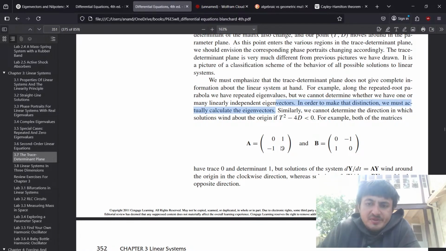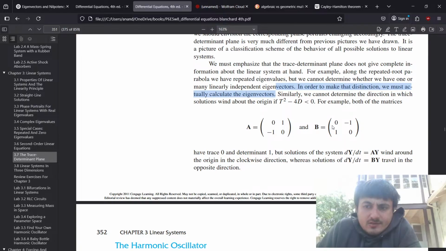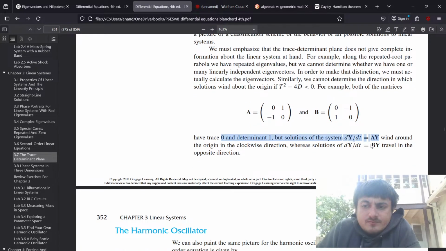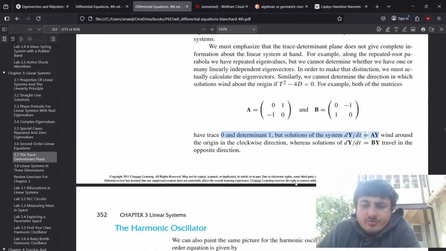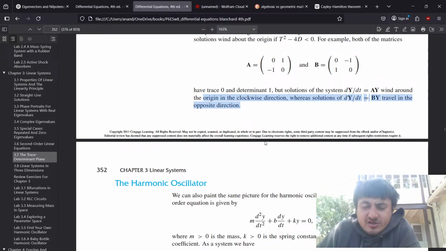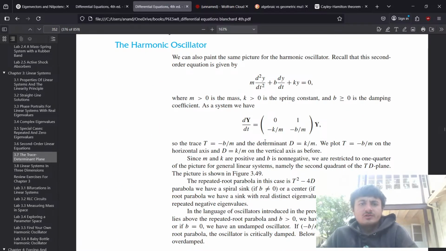For example, A and B have trace 0 and determinant 1, but solutions of the system wind around. So they're here. They're both centers. A winds around the origin in the clockwise direction, and B is in the counterclockwise direction. Okay?